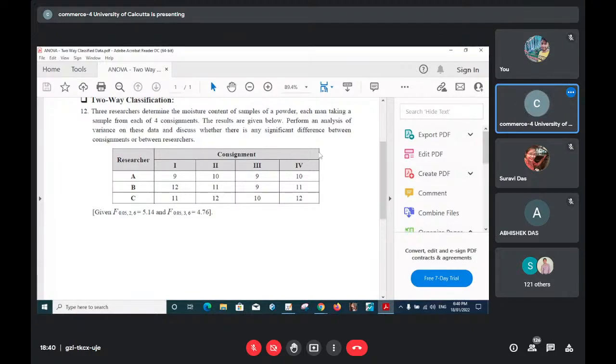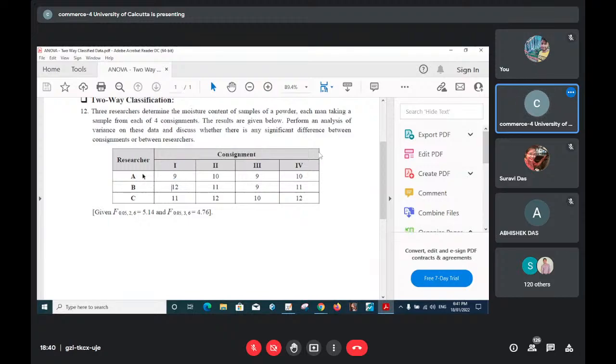So in this case, if I consider this as Yij, where i means row and j means column number, if I say this is Ya1, this is Ya2, this is Yb1, this is Yc1, this is Yc2, then what will I write? I will subtract 10 from Yij, where i means the row, that is A, and the column is j.